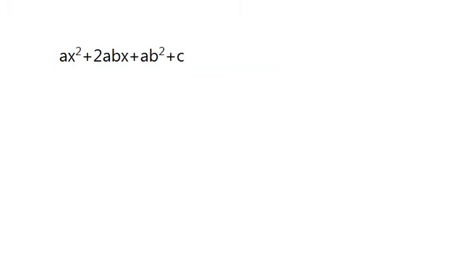So we know that this is one term, 2abx is an x term, then these two are one term because they are constants. And so what we need to do currently is to match a and find b now.